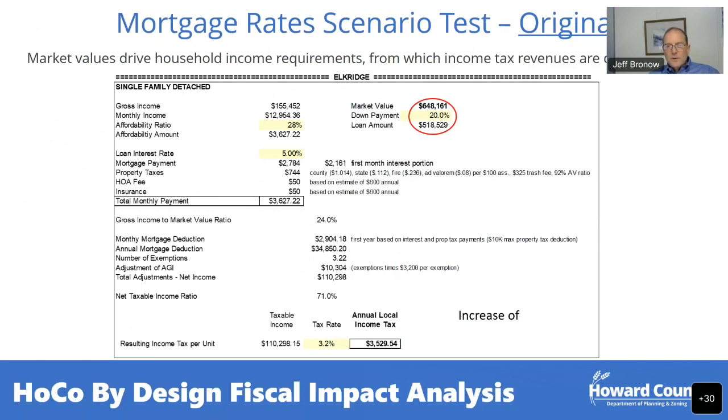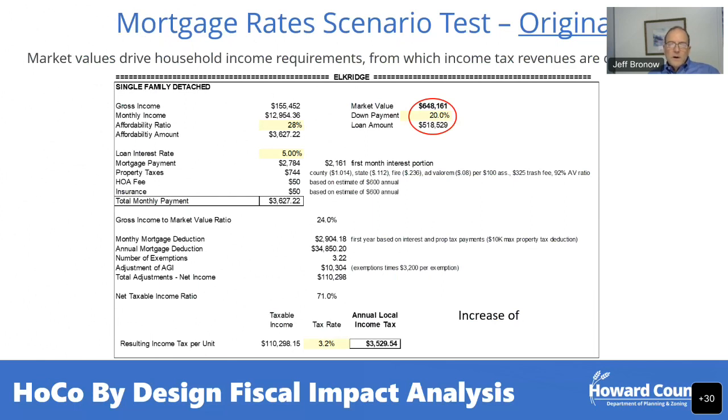This is one example in Elkridge for single family detached. We also have similar charts for townhomes and condos, and we have a different methodology for rental apartments in the 5 planning areas.